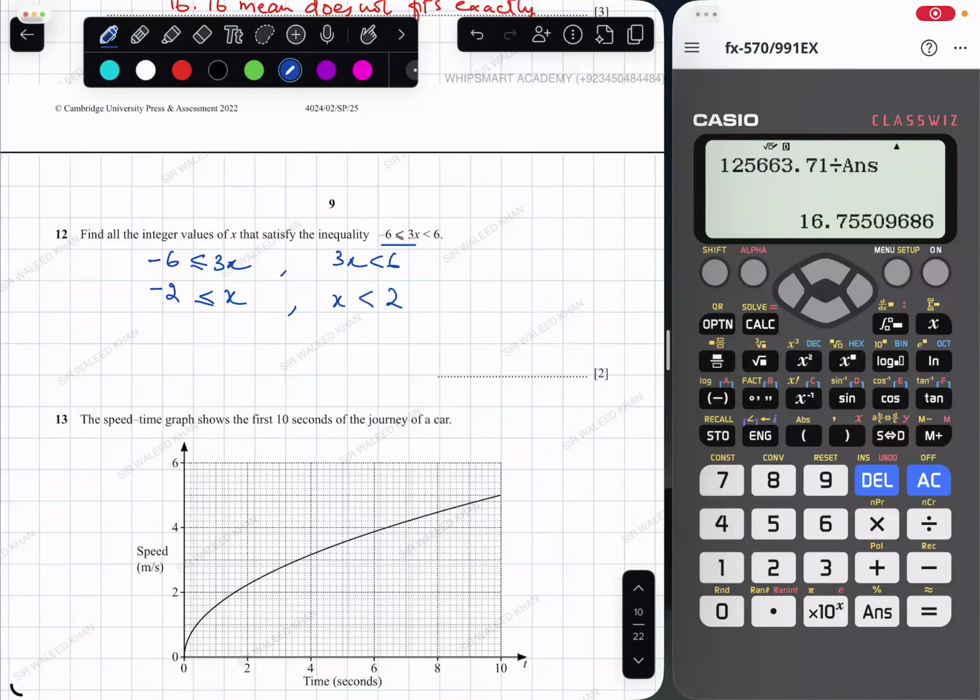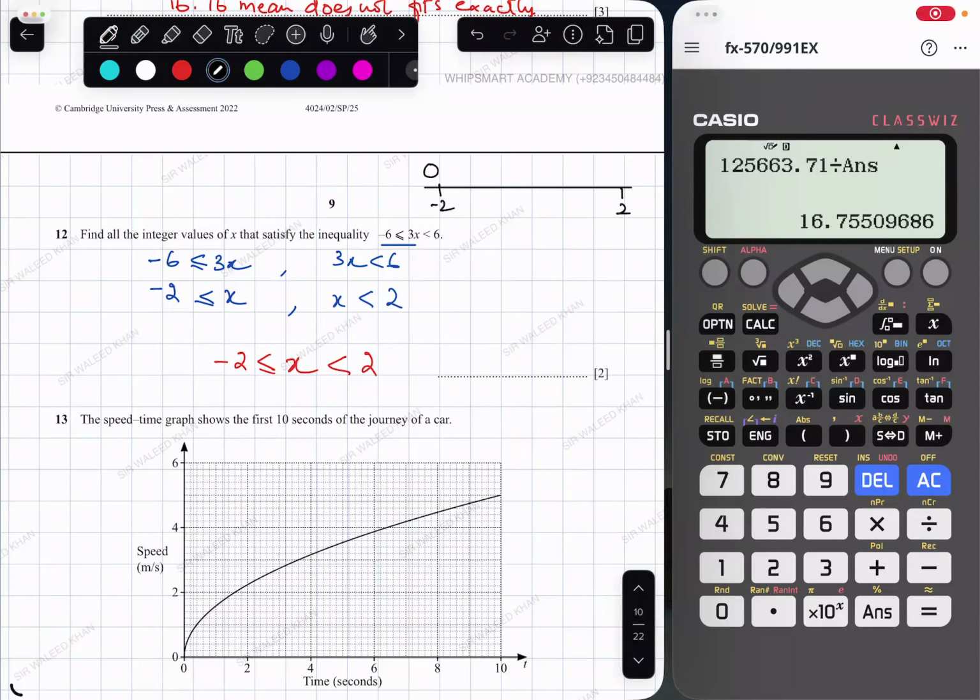So we have an inequality over here that x is greater than or equal to -2, but x is less than 2. Now, all those integers which satisfy this are, let me draw it on the number line for you as well. This is -2, and this is, let's say, 2.